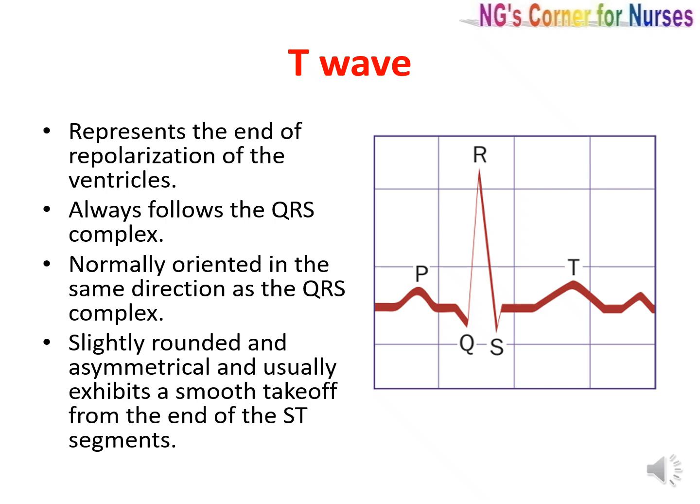There may be abnormalities in the T wave, like tall or peaked T wave or inverted T wave. Tall, peaked or tented T wave indicates myocardial injury or hyperkalemia, and inverted T wave indicates myocardial ischemia.